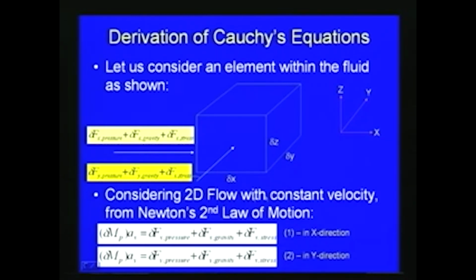If we consider 2-dimensional flow, and use Newton's second law of motion as we have discussed earlier, for this flow problem we can write Newton's second law: mass into acceleration is equal to the algebraic sum of the forces. For this fluid element which we consider, the mass is delta m b, and if acceleration in x direction is ax, then we can write delta m b into ax is equal to delta Fx pressure plus delta Fx gravity plus delta Fx stress.